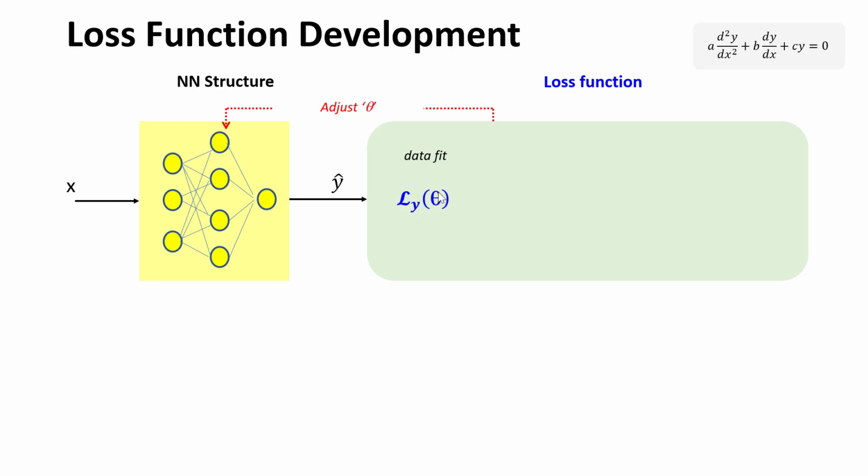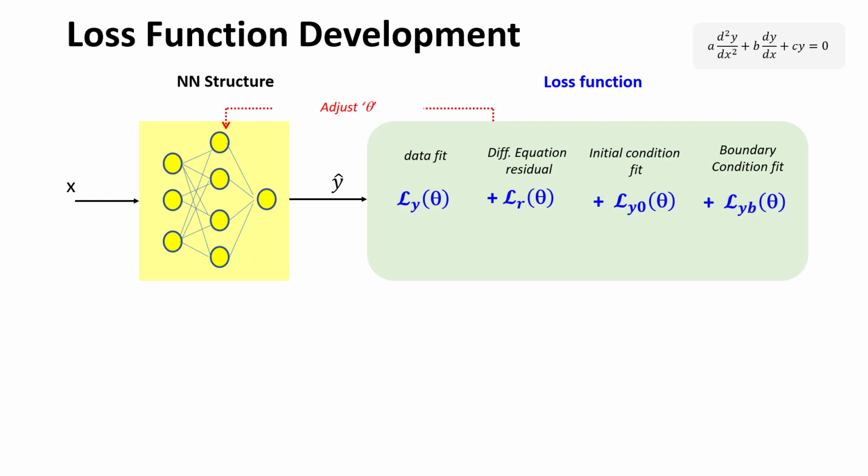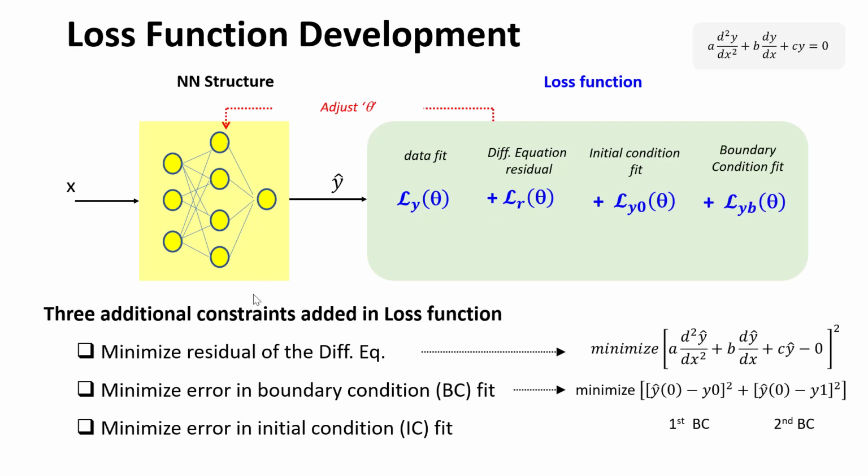To solve the differential equation, so that y hat satisfies the governing equation, we create a loss function to include the residual of the differential equation, the initial condition fit, and the boundary condition fit. These three additional constraints, when added in the loss function, help solve the differential equation.